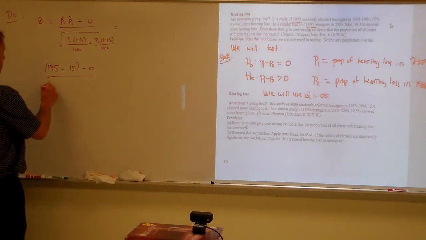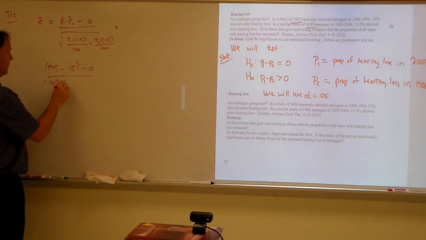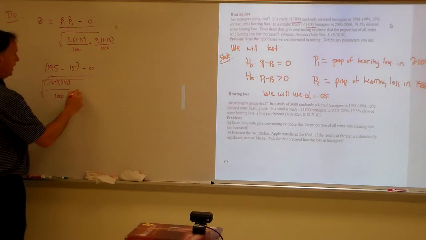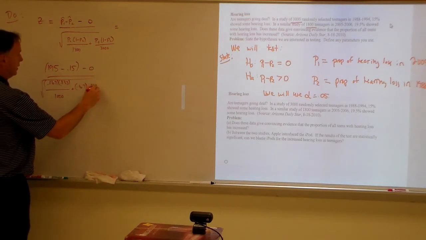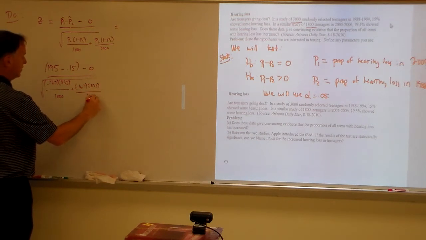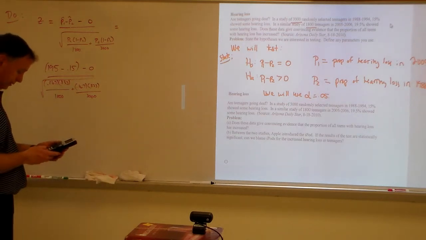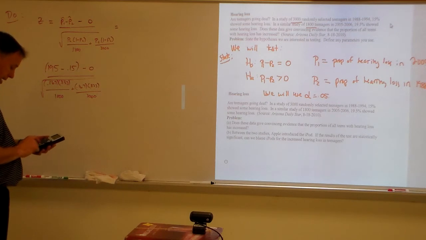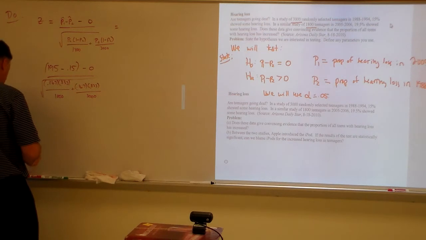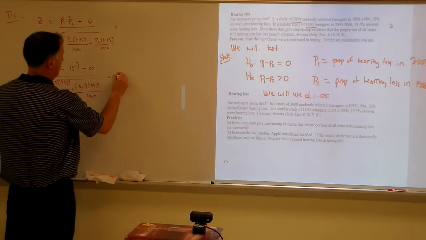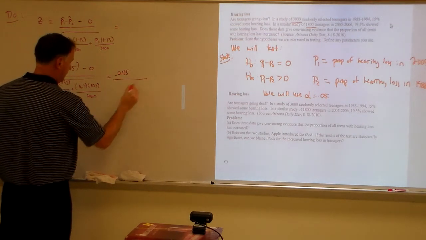So, 0.167 times 0.833 over 1,800 and 0.167 times 0.833 over 3,000 and take the square root of that. Let's get to the calculator. Let's finish this before the end of the day. It's a Friday. I'm not staying late today. So, 0.195 minus 0.15 equals 0.045, and that's my top. Let's figure out this bottom.